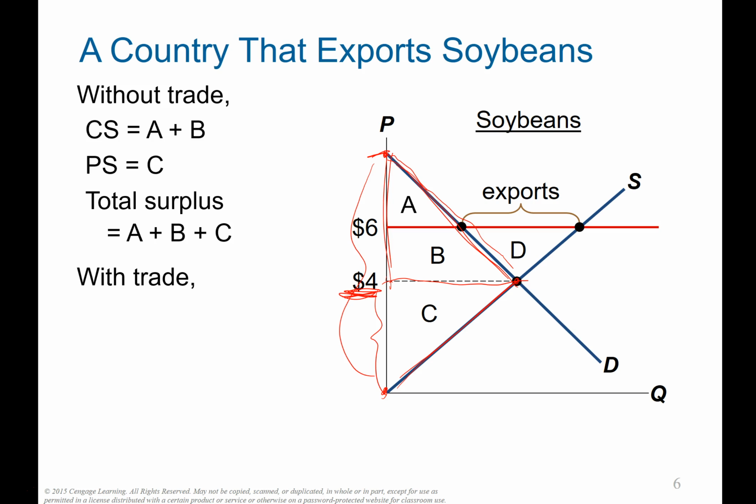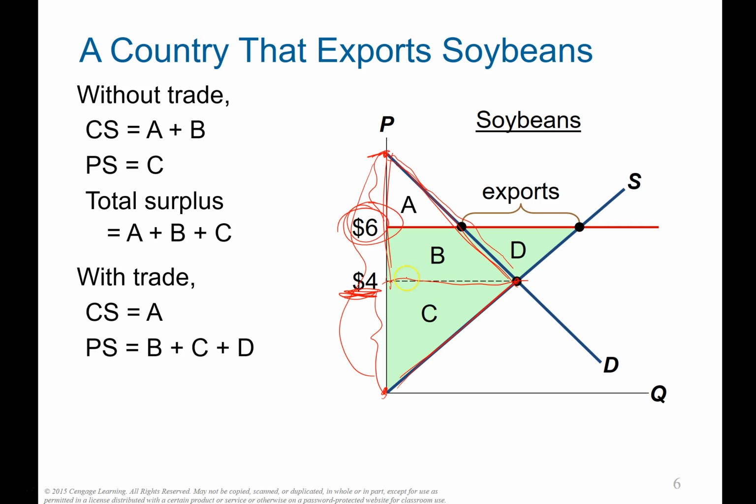With trade, we can analyze the new areas of consumer and producer surplus. With trade, now the price is the world price of $6. So consumer surplus would be the difference between how much people are actually buying it for and how much they would be willing to buy it for. So now the area of consumer surplus is the triangle represented by A, and the producer surplus is now much, much larger because the benefit in this case to exporting is to the producer.